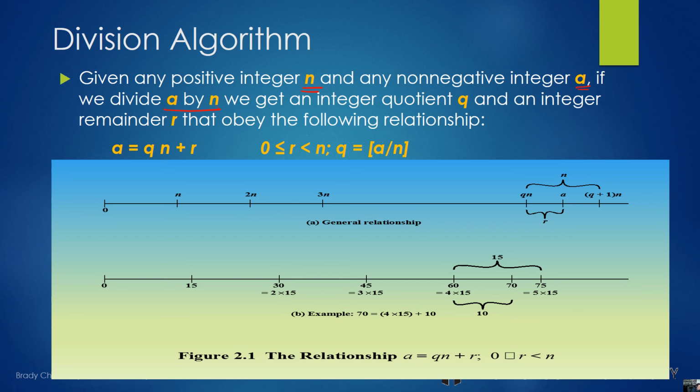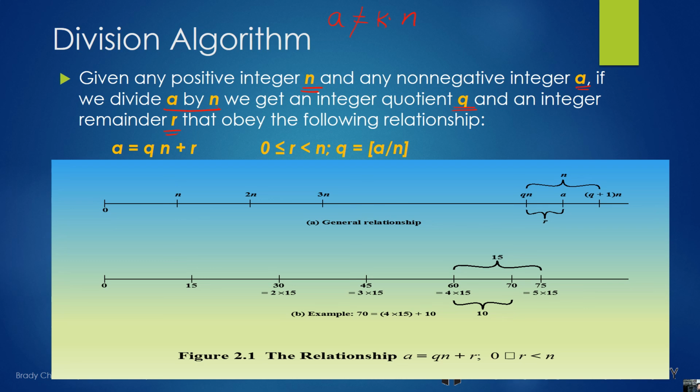So a may not be able to be written as n times any number, so a is probably not a multiple of n. In that case, if we divide a by n, we may get a quotient, and then we may get a remainder, which is non-zero.